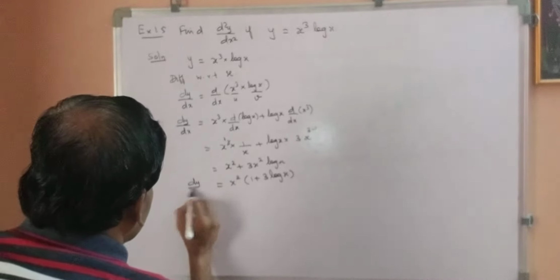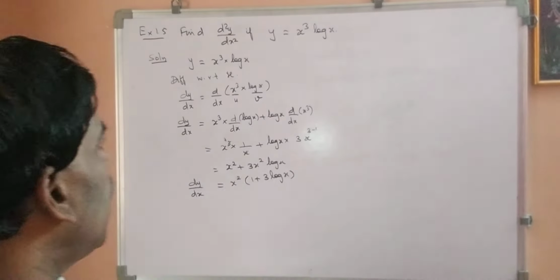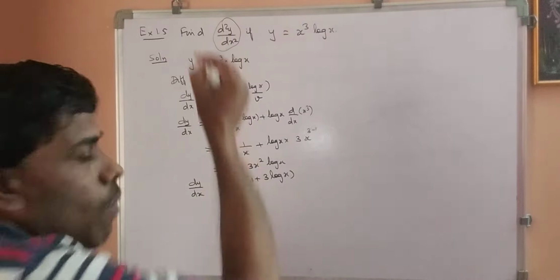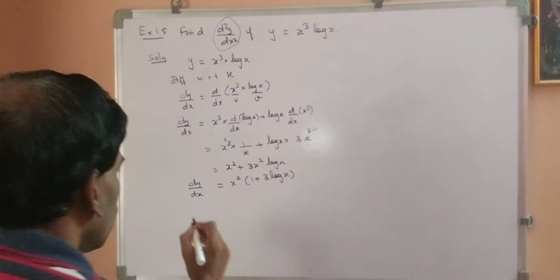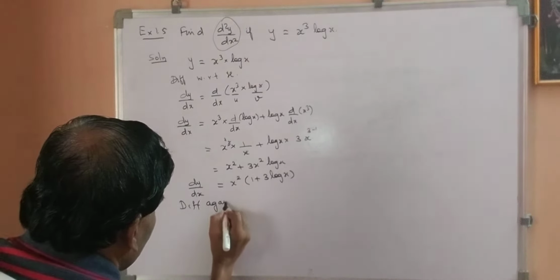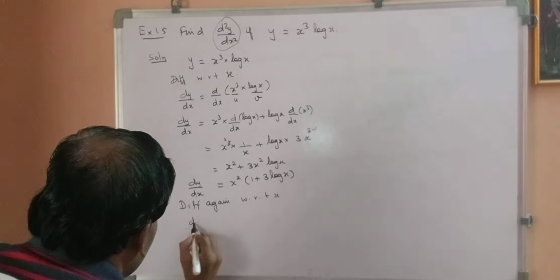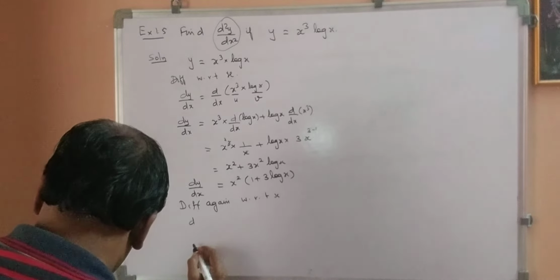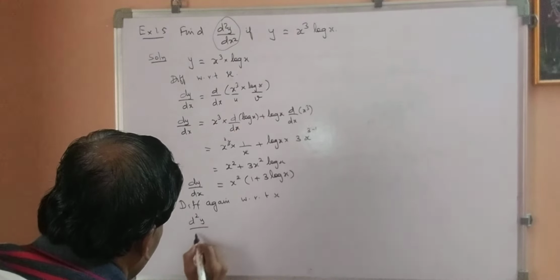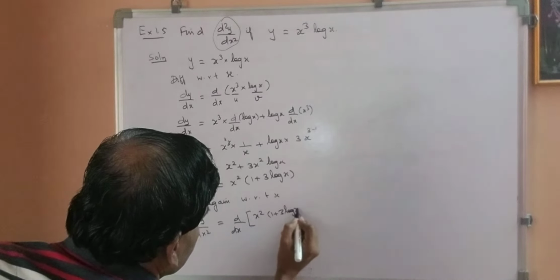Now, look at this. You have got the first derivative. But what is our ultimate aim? You have to find d square y by dx square. So, differentiating again with respect to x, d square y by dx square equal to d by dx of x square into 1 plus 3 log x.